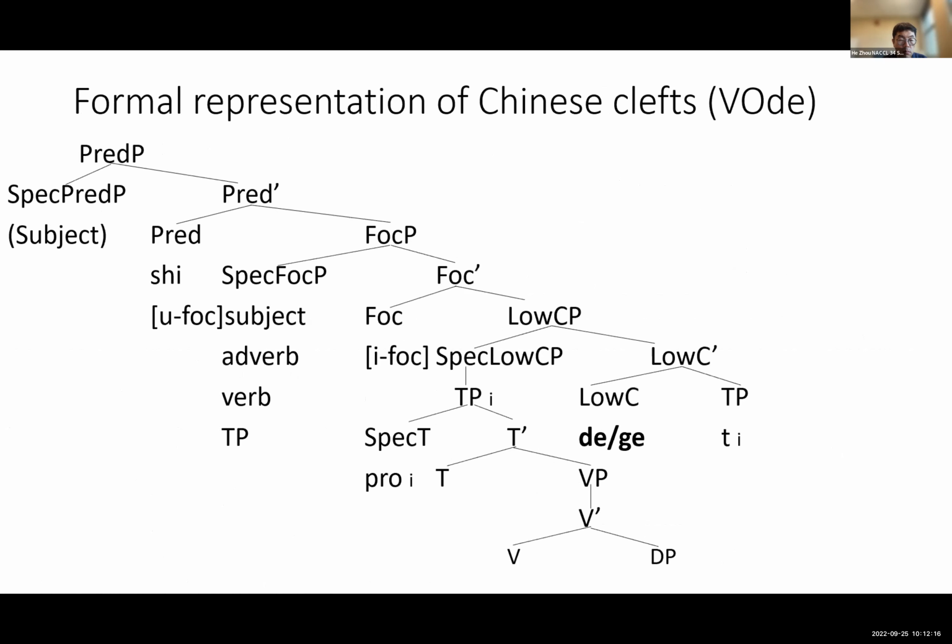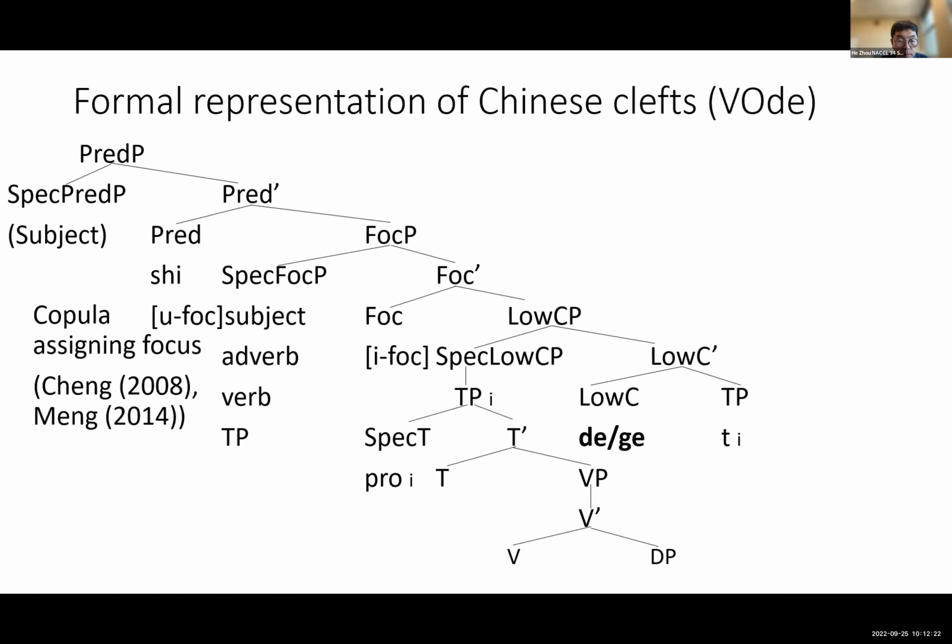So if we try to represent this, I've given you this tree here, which represents VOde. The main verb is the copula verb, which is called pred, following others. The main verb assigns focus. So there is an uninterpreted focus feature, which is basically a selectional feature.